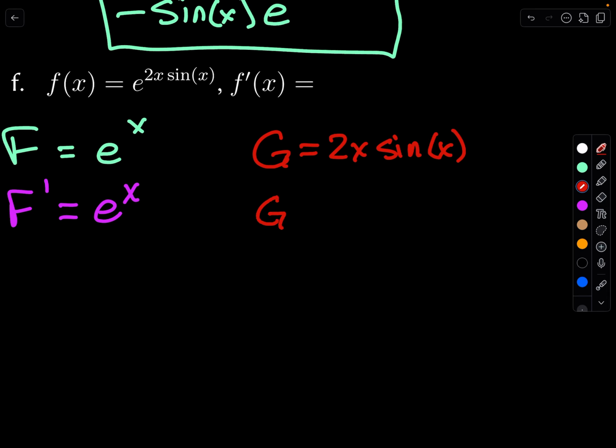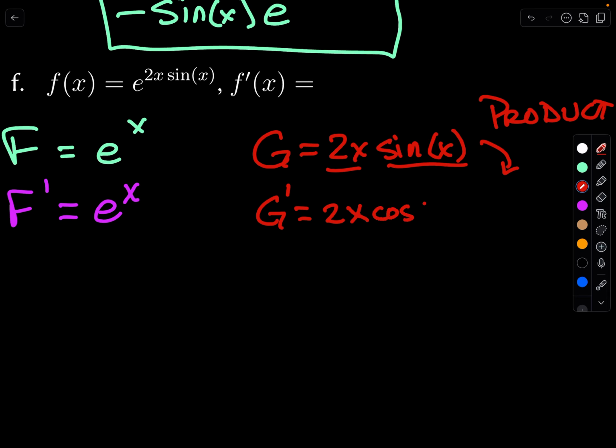So in order to get g prime, you're going to have to use the product rule. So if you don't mind me just talking you through this, it's the first thing times the derivative of the second thing plus the second thing times the derivative of the first thing. So there's your product rule.